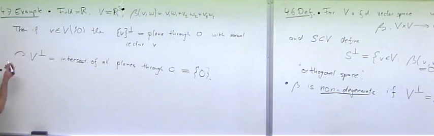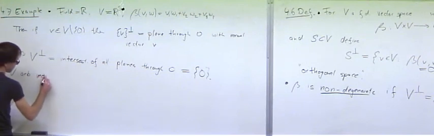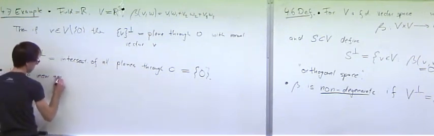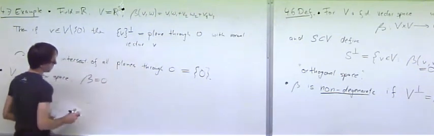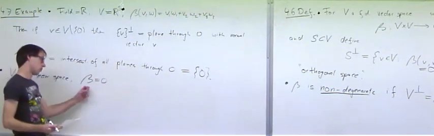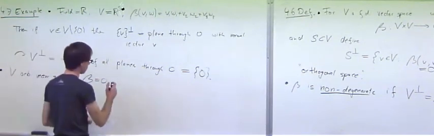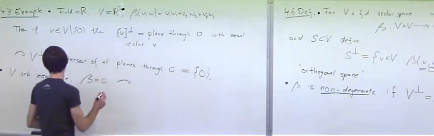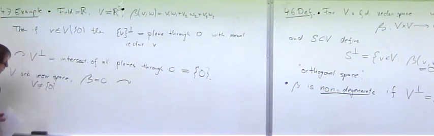Right, just another stupid example. V is an arbitrary vector space, and beta, the bilinear form, is 0. So the map which sends every pair of vectors to 0. Well, and say V is an arbitrary vector space, but not the 0 vector space.